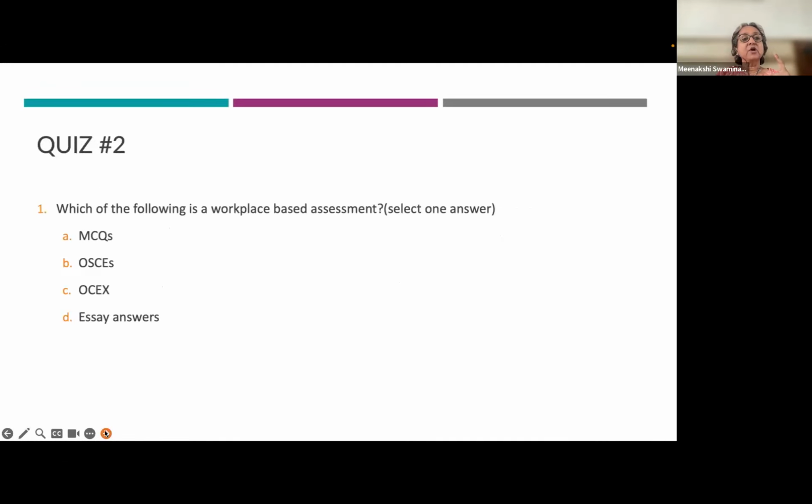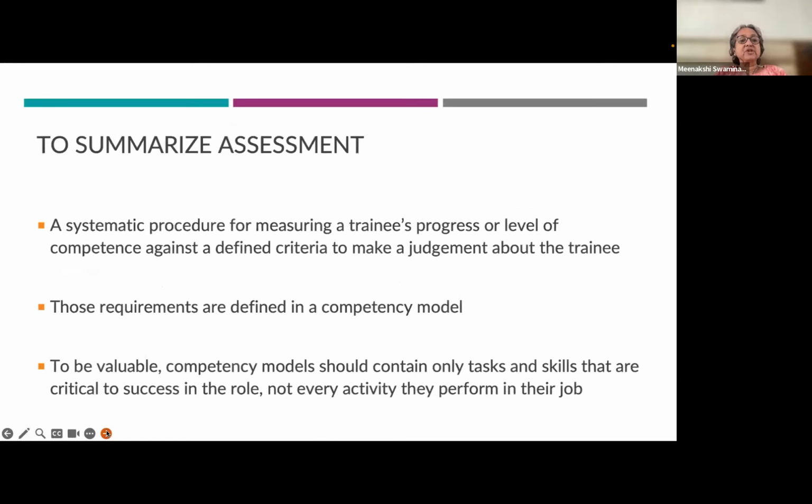assessment. So to summarize, assessment is a systematic procedure for measuring a trainee's progress or level of competence against defined criteria to help you make a judgment about the training. This is, in summary, what an assessment is. Those requirements are defined in a competency model.